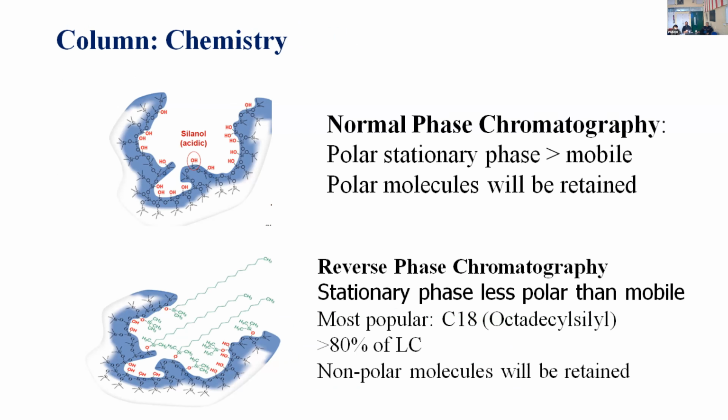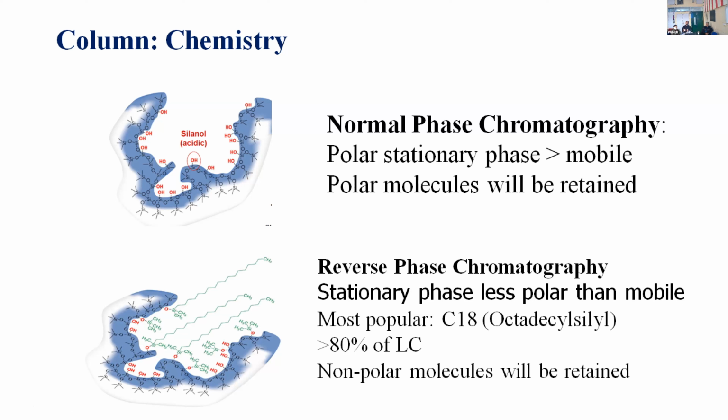In the case of reverse phase chromatography, the stationary phase is less polar than the mobile phase. It is the most used form of chromatography, and it is used for non-polar molecules.